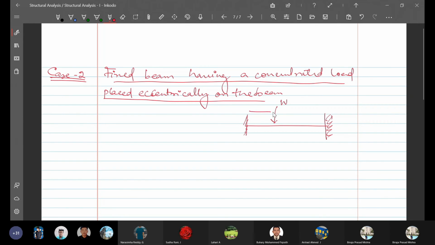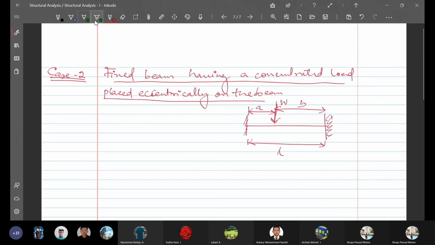It is at a certain distance from any of the supports. This is B. This is the load W. This whole length is L. So A and B are not equal.